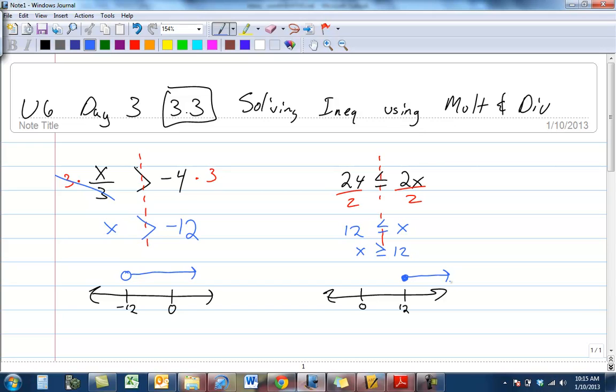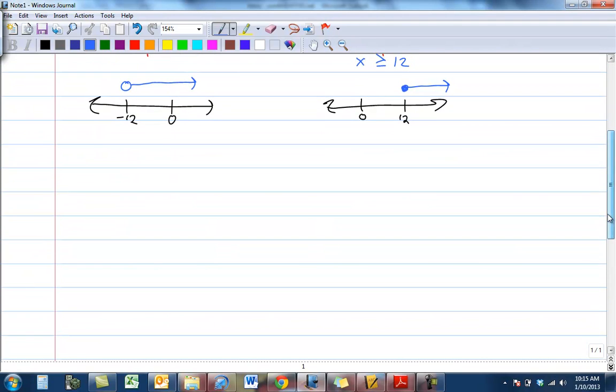So when we're solving by multiplication or division, you do the inverse operation just like we've always done. X divided by 3, we multiply by 3. This says 2 times x, so we divided by 2. Here's the little hitch. This is the rule. This is so crazy important.